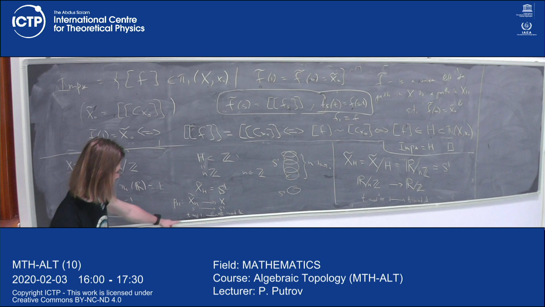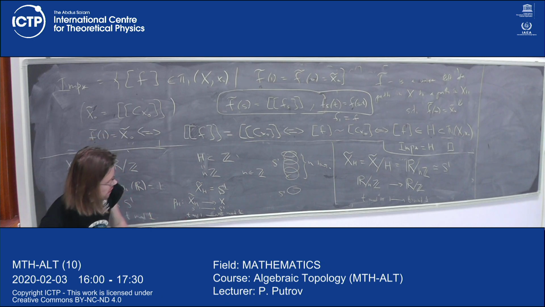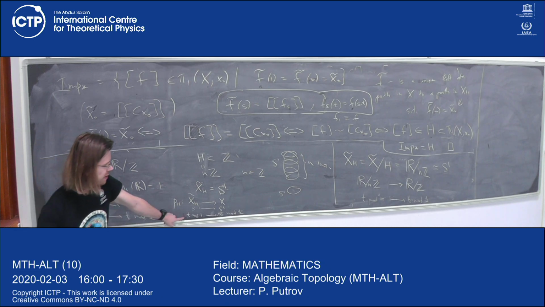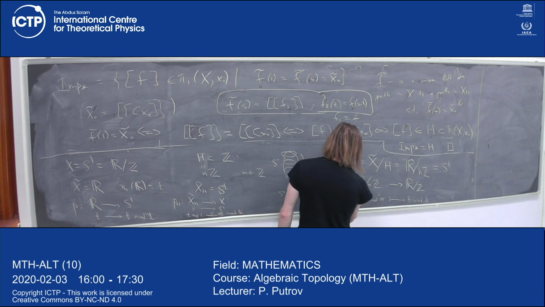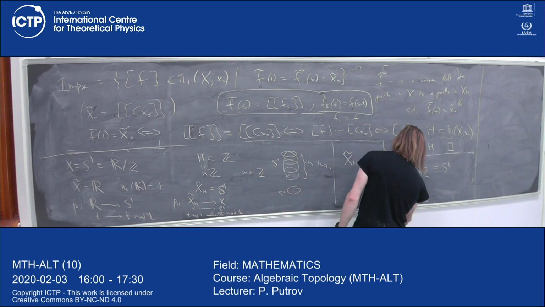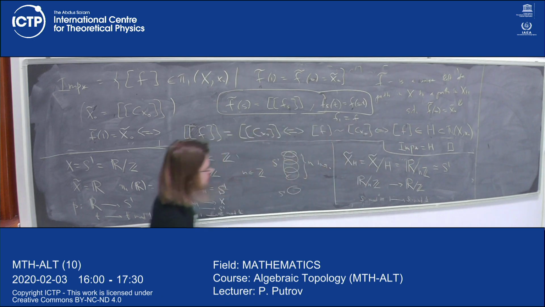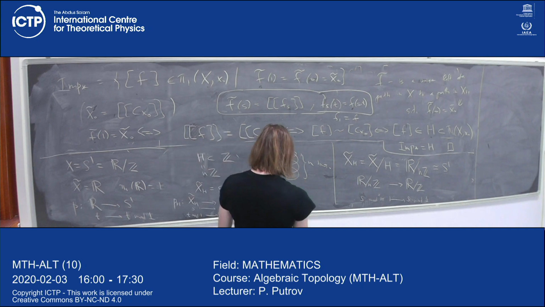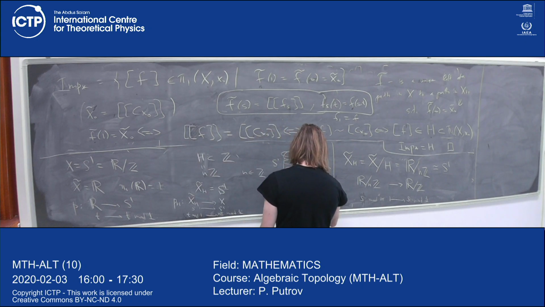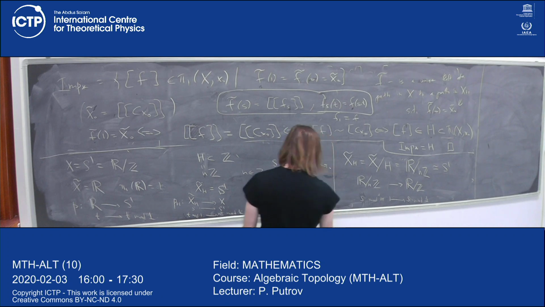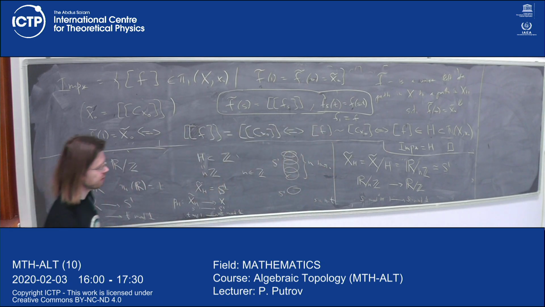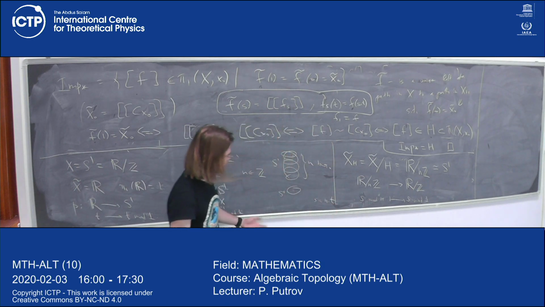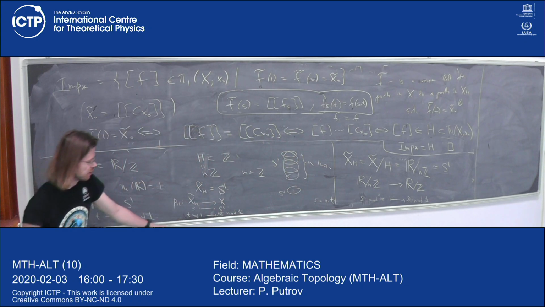So this is equivalent just by scaling t. Maybe it's better to introduce some variable. So I can scale: I can say that my s is n times t. So we have n times t mod n, which is the same as this class, which defines t mod 1.